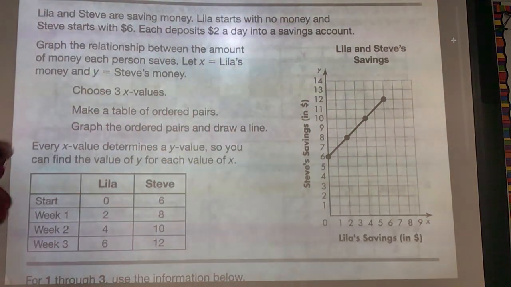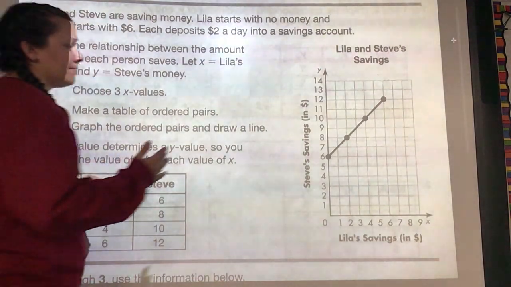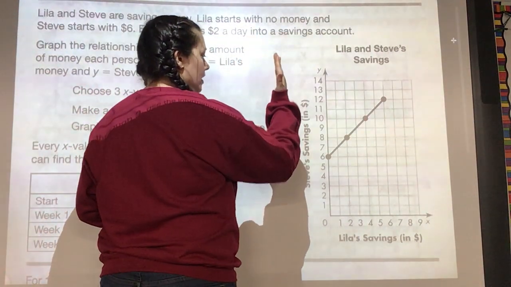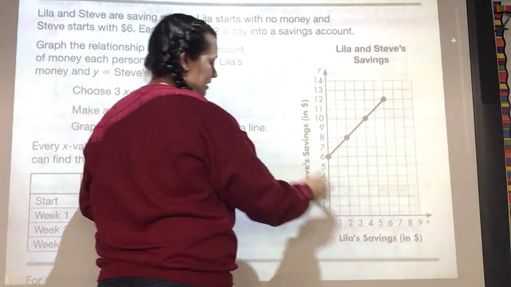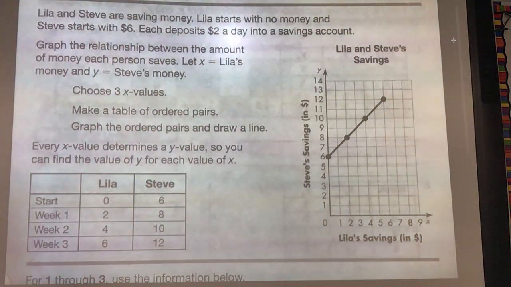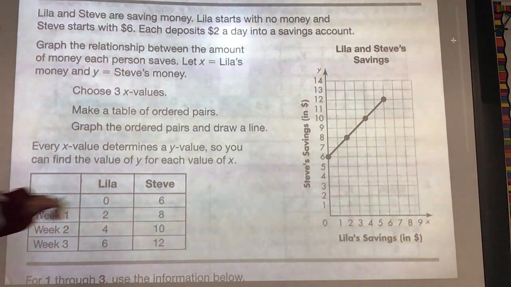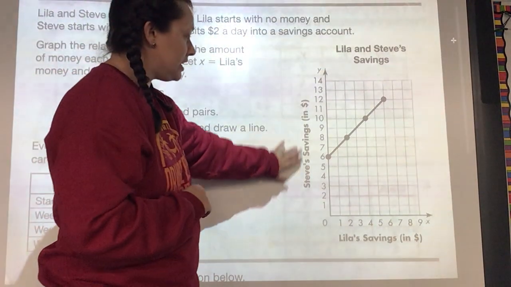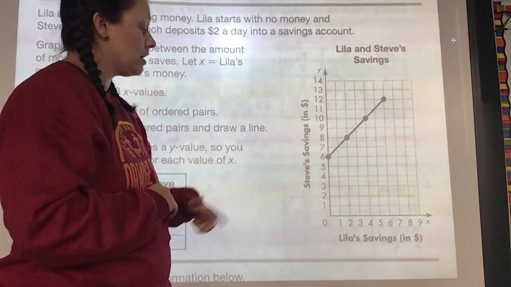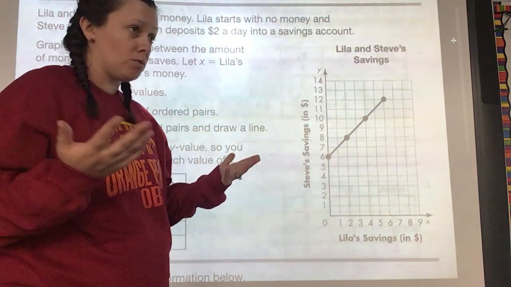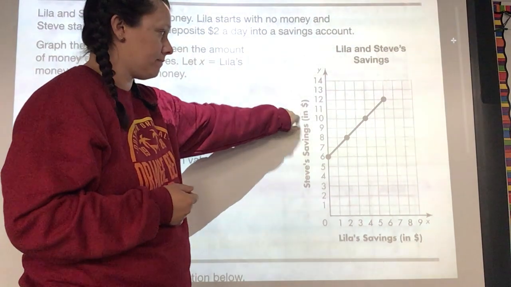Steve's money is going to be y, going which direction? Vertical on our y-axis here. They have labeled this graph with Steve's savings and Lila's savings, and they've even given what they're measuring by, their units. Their units is money, okay?